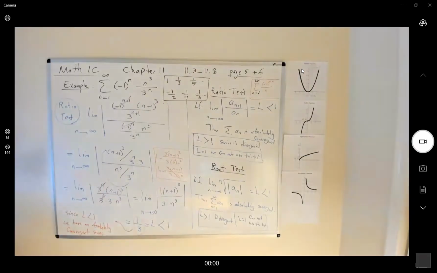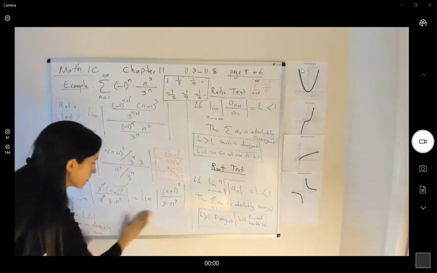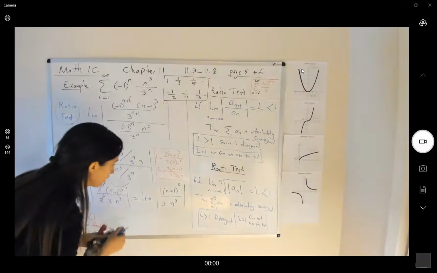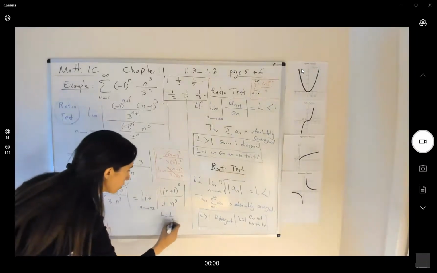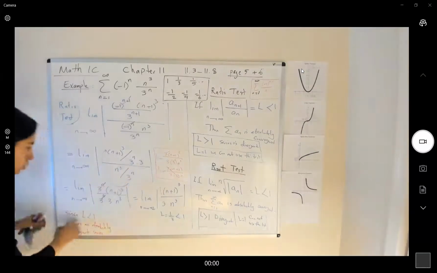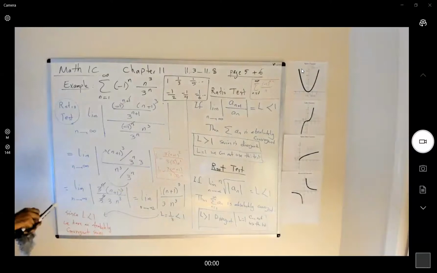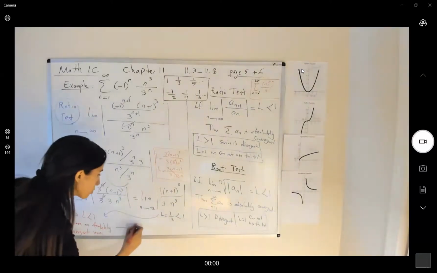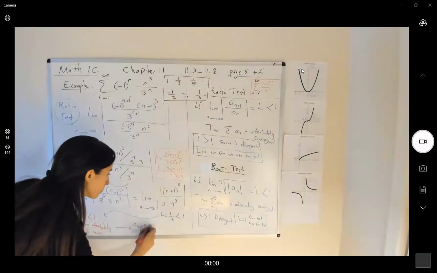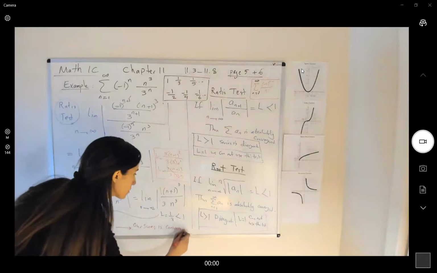So let me write this here for you. n goes to infinity. So L is a third, less than 1. Since L is less than 1, we have the absolutely convergent series, and the previous theorem says our series is convergent.